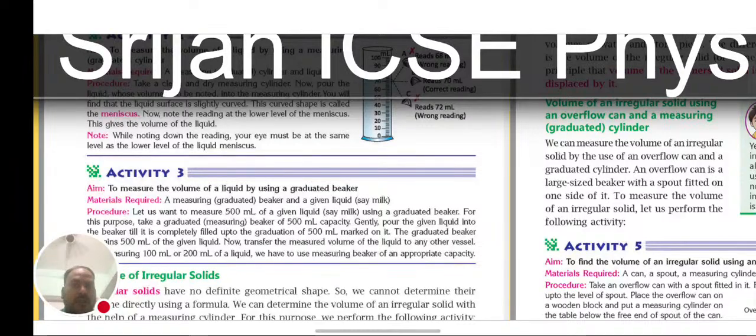We know that 1 meter equals 100 centimeter. Yes or not? So 3 times meter means we have to multiply 100 centimeter into 100 centimeter into 100 centimeter. Then we will get 10 lakh centimeter cube. Yes or not?